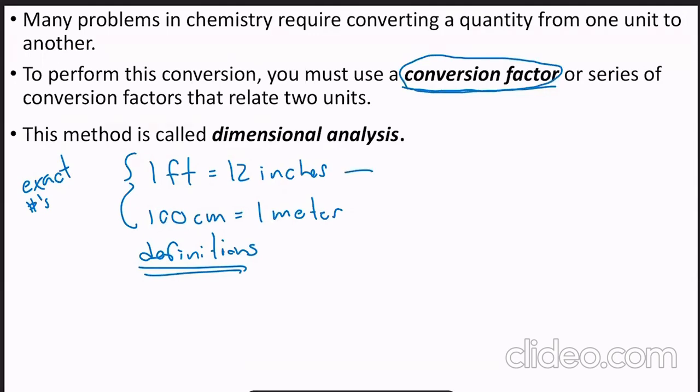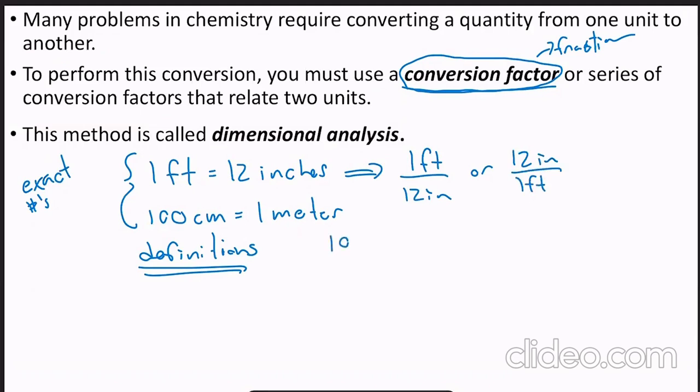So here, let's convert this into a conversion factor. Conversion factor is a fancy chemistry term for fraction. That's all it is. Let's turn this into a fraction. Well, here's one way to do it. I can put 1 foot over 12 inches, or I can write it as 12 inches over 1 foot.